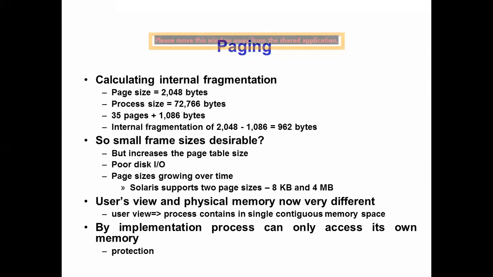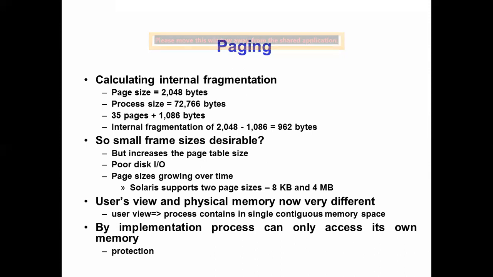Whenever you check the properties, you can say that our program occupies 8 MBs or 4 MBs or like this. So by implementation, a process can only access its own memory. How are we going to protect that memory?